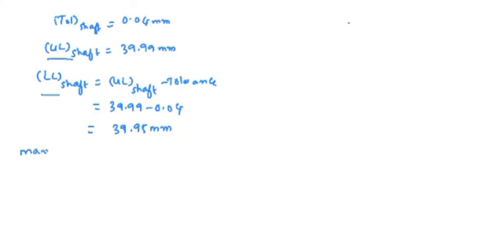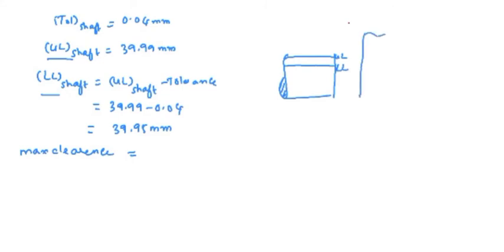So we got the limits of the shaft and we also got the limits of the hole. So we can find out the maximum clearance. Suppose I take this as a shaft with its corresponding lower limit and upper limit, and I consider this as a hole with its corresponding lower limit and upper limit.